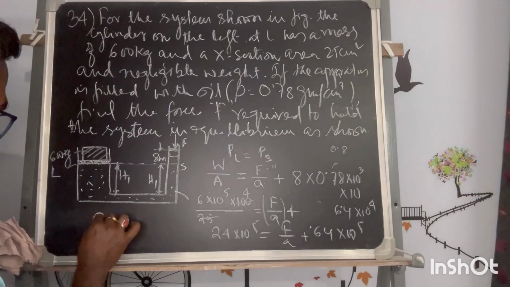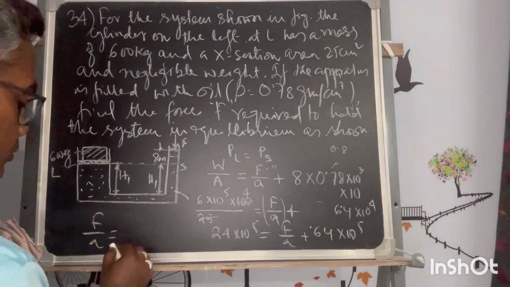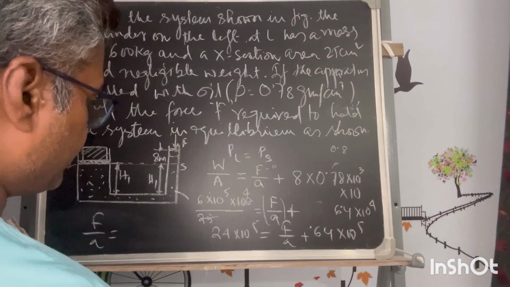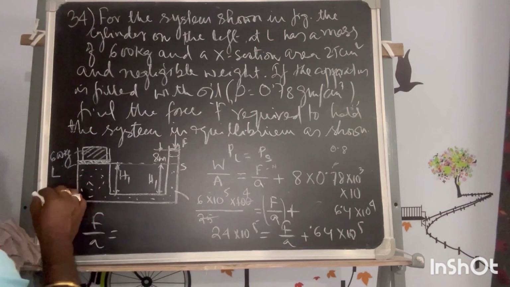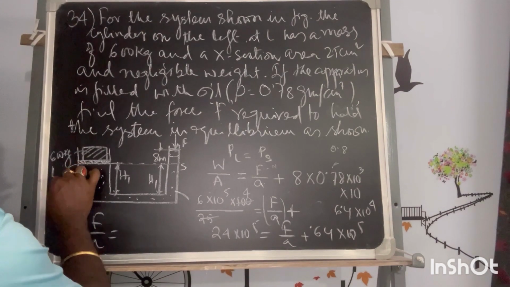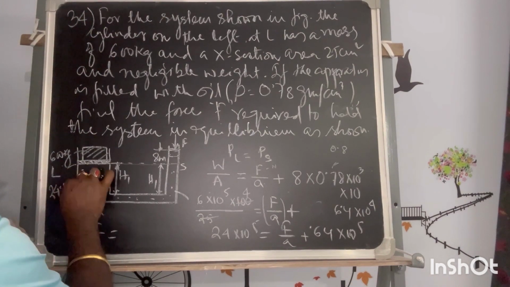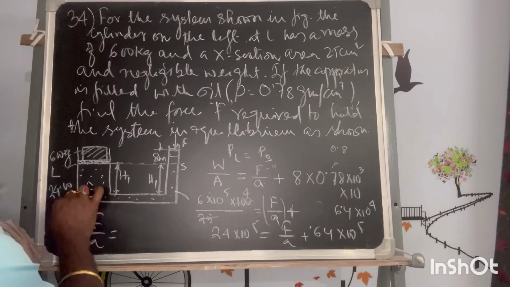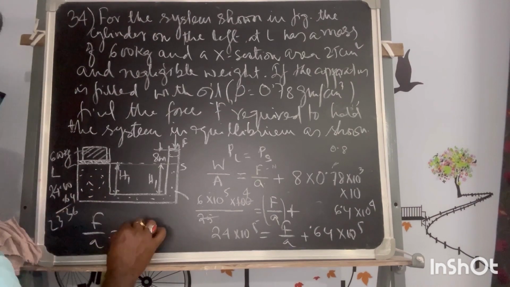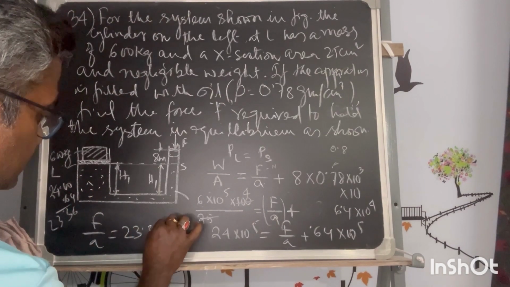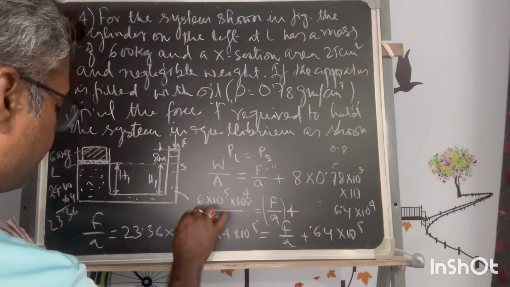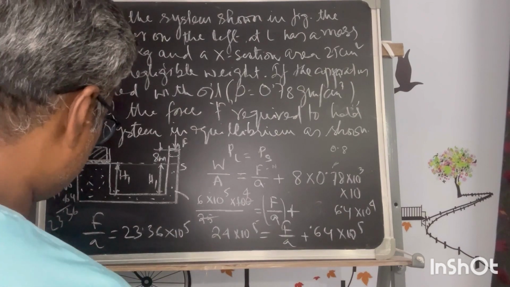So F by A is equal to 24 minus 0.64, this equals 23.36 into 10 to the power 5, this much of Pascal.